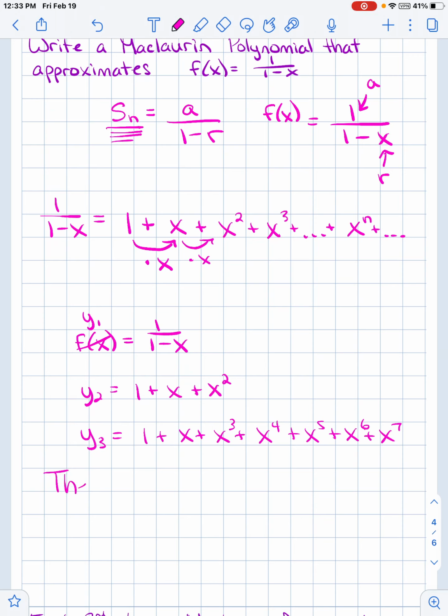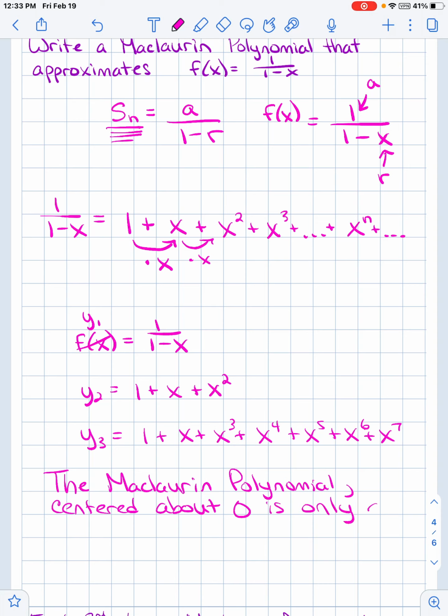So the Maclaurin polynomial centered about 0 is only a good fit for f of x equal 1 over 1 minus x near 0.